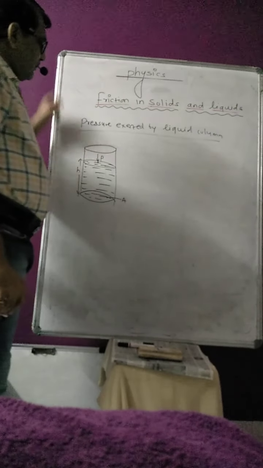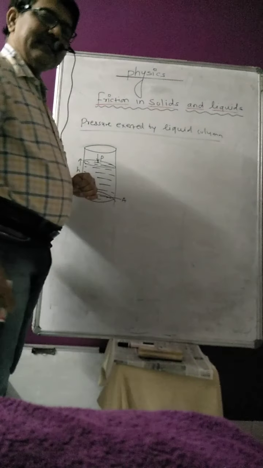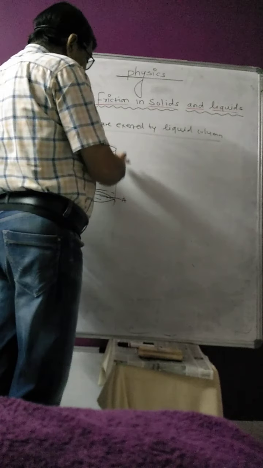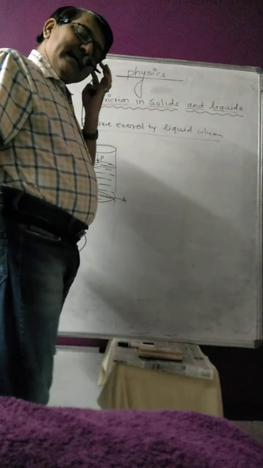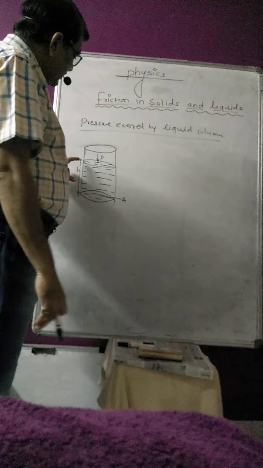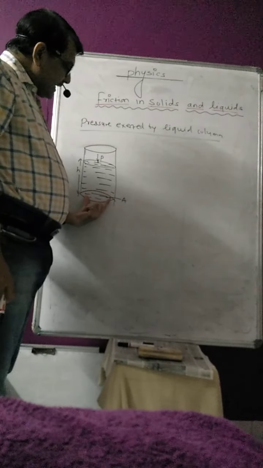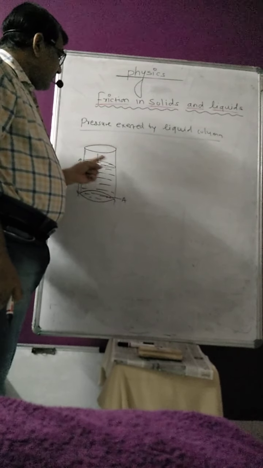Now, to calculate the pressure exerted by the liquid column, suppose I have considered a cylindrical container and filled some water inside it up to a height h. This is the base area of the container.